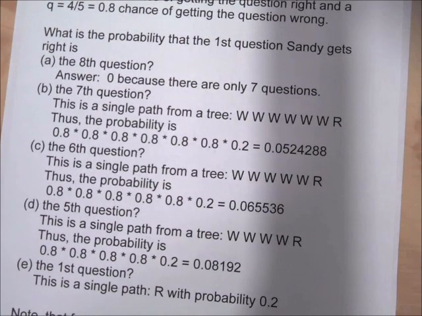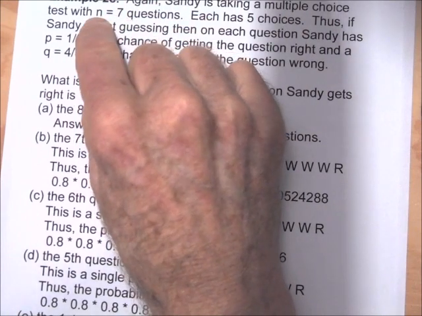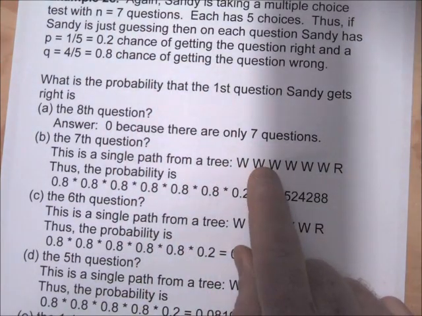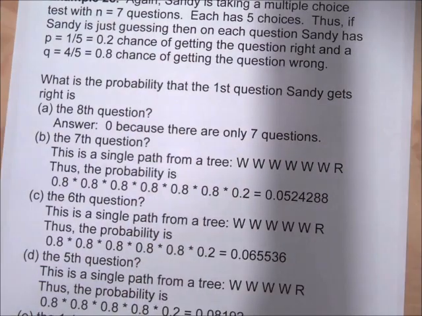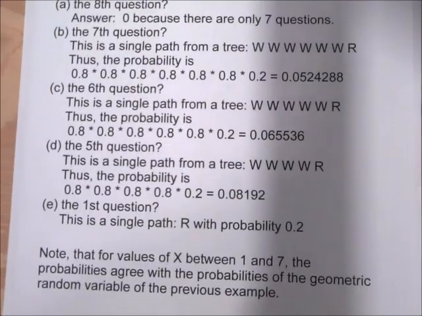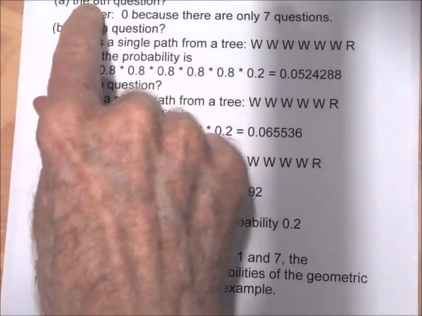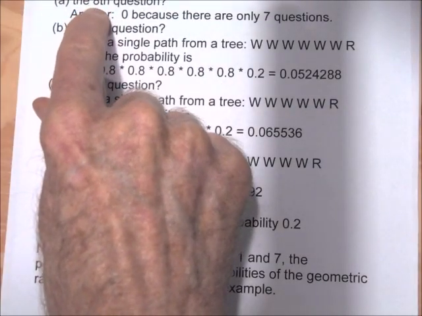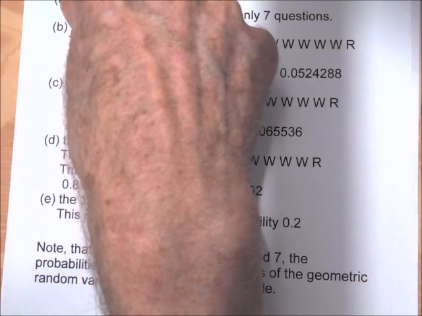One thing to note here is that the highest x can go is 7 because the sample size here is 7. But for x equal 1, 2, 3, 4, 5, 6, or 7, the probabilities are the same as for the geometric probability. The only probabilities that are going to be different are the probabilities for anything above 7, because Sandy is going to stop after 7 questions no matter what.